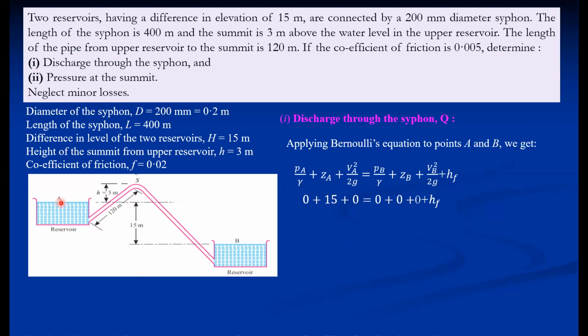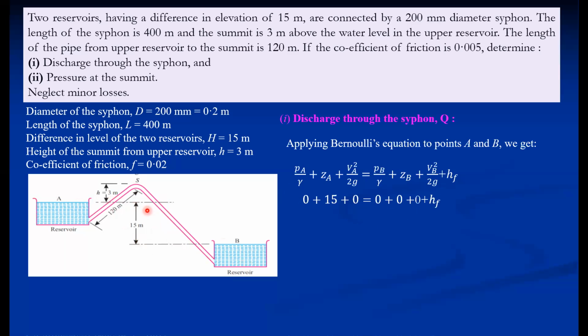Here pressure is zero, ZA is 15 meters, and velocity is zero at this location. Then pressure is zero here, ZB is zero with reference to B, and velocity is also zero, plus HF. So HF is equal to 15.